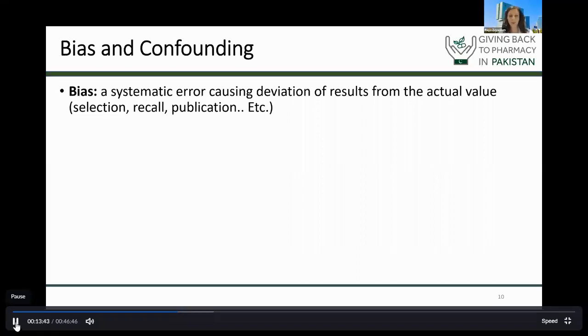And if you go to any of the references, there are multiple types and multiple examples that will help you better understand. But really, for the purpose of the CPHQ exam, you won't be asked on the type of biases. At least this is what I remember from my exam and what I think is fair. But you are expected to understand what bias means and what kind of sampling techniques may introduce bias.